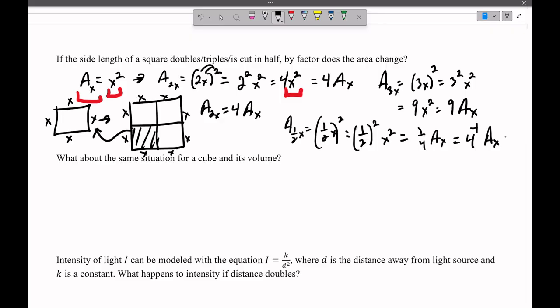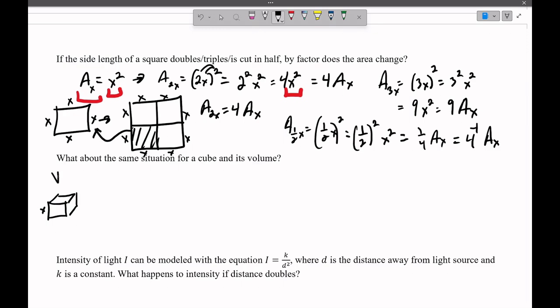Now, what about this situation with a cube? A cube, of course, is three-dimensional. The volume is what we're talking about for a cube, for a three-dimensional object.